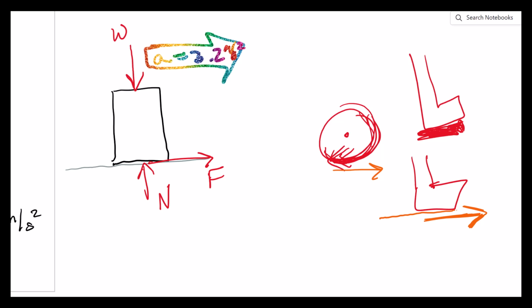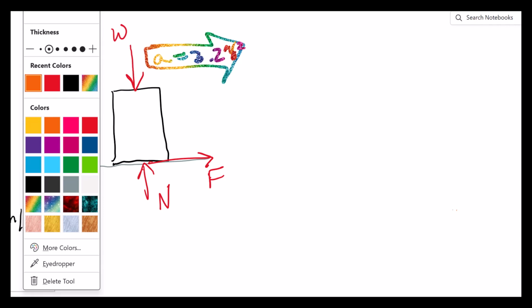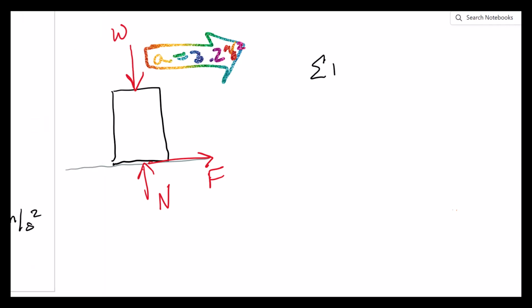If for no other reason than if I drew it the opposite direction, how about this? Even if you're like, I don't want to learn this, this is stupid. If I drew the sum of the forces in the x direction, if I drew the force the opposite way, there's no way a negative force gives me mass times a positive acceleration.